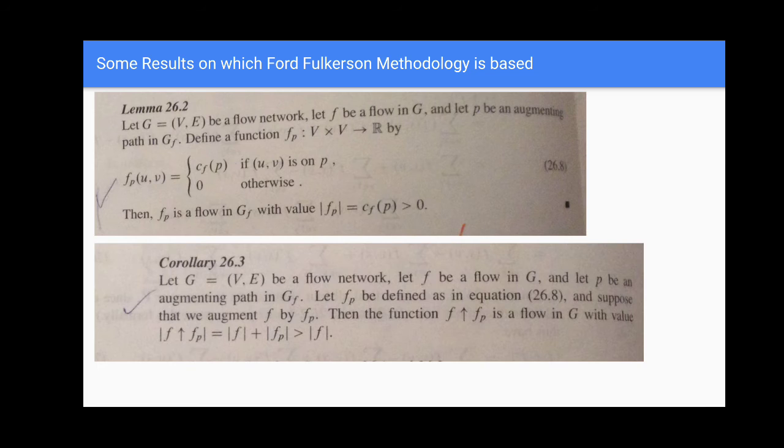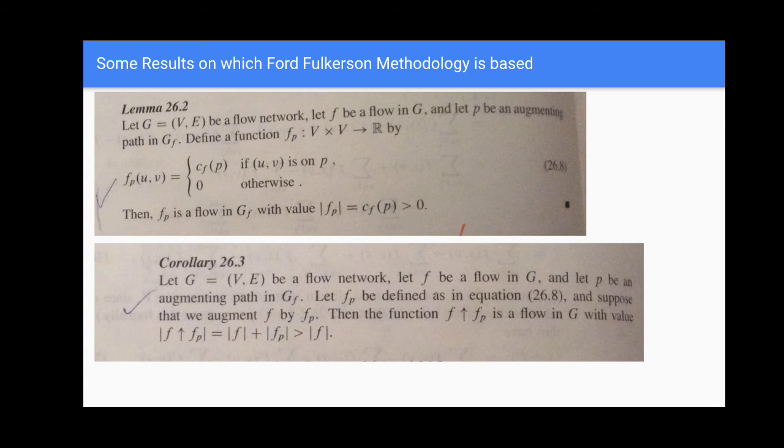Now, some results which are important for the Ford-Fulkerson method, I'll just highlight those things. The first one is, given a graph G = (V, E), which is a flow network, and f be a flow in G, and P be an augmenting path in Gf, we define a function fp from V cross V to a real number, and that's equal to cf(P) if (u,v) is on P and 0 otherwise.